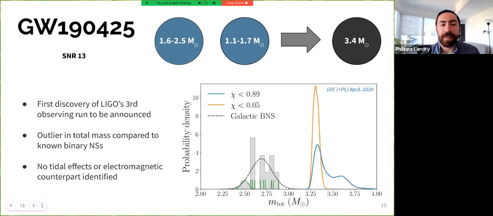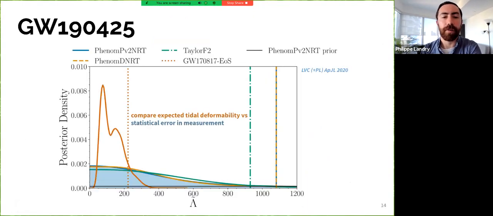In part because of these larger masses, however, no tidal effects were observed and no electromagnetic counterpart was identified. That's also a product of the signal to noise ratio for this event being smaller. It was further away. And masses being heavier mean that even though we expect there to be tidal effects, they're too small to observe.